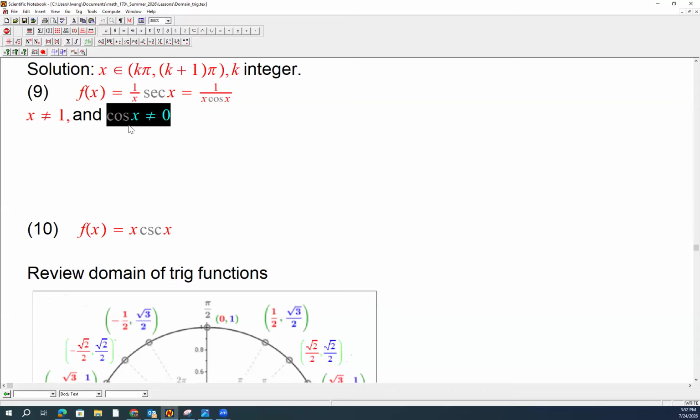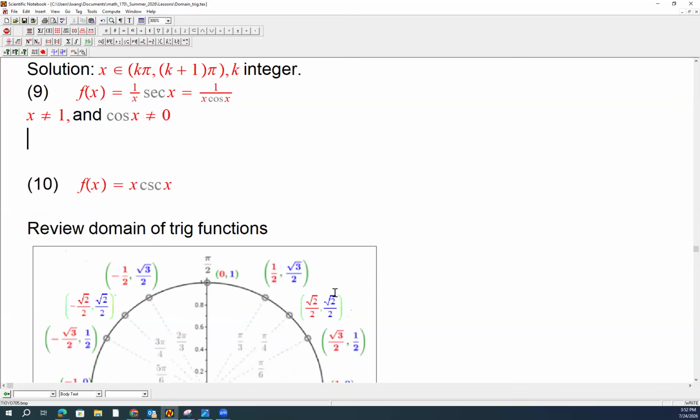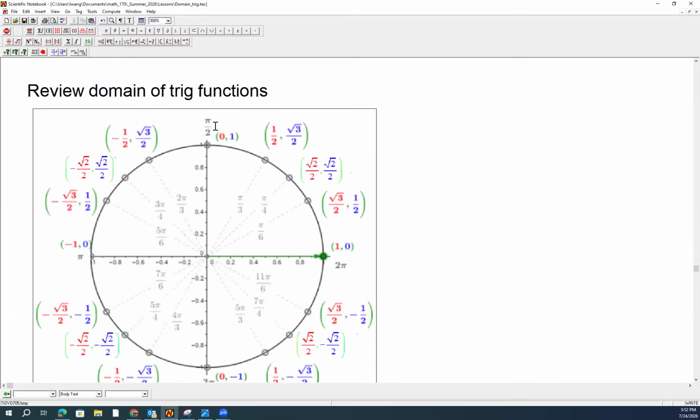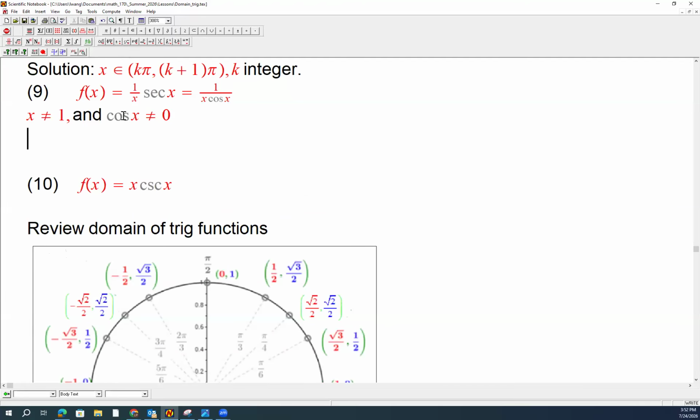So what numbers will cause cosine x to equal 0? You look at the r. The x-coordinate equals 0 when the terminal side is on the y-axis, right? So on this direction.